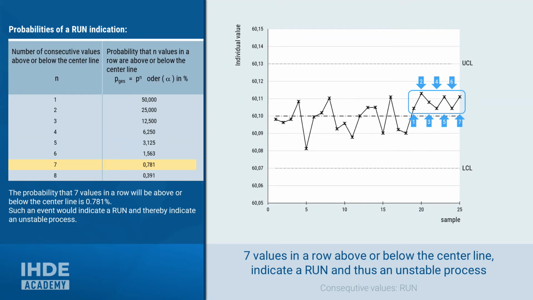As can be seen, with 7 values, the probability is less than 1% for the first time. Thus, 7 values in a row, above or below the center line, indicate a run, and thus a process that is no longer stable. In such a case, an intervention in the process might be necessary.